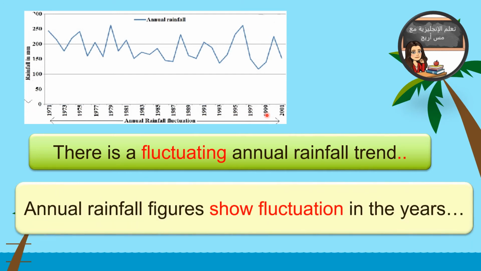And you can also say annual rainfall figures show fluctuation in the years 1971 to 2001, for example. So fluctuating, or so there's a fluctuation. There is a fluctuation or a fluctuating annual rainfall trend, or show fluctuation.